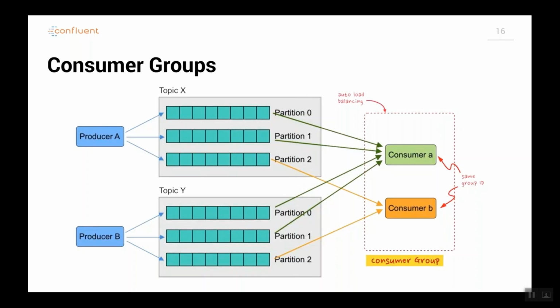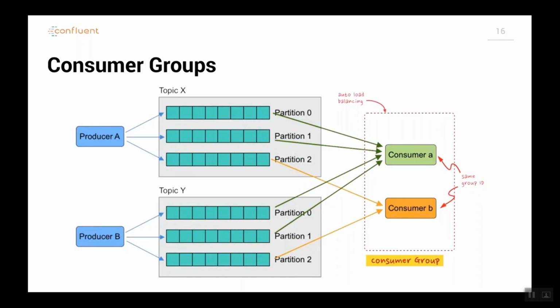And you can have different consumer groups to represent different applications, but each consumer group logically represents one specific type of application. So we typically want each message to be consumed by only one consumer in that group. That means that each partition is assigned to only one consumer in the group at any given point in time. And of course, that also helps to ensure that we maintain the ordering guarantees that we just talked about as well.